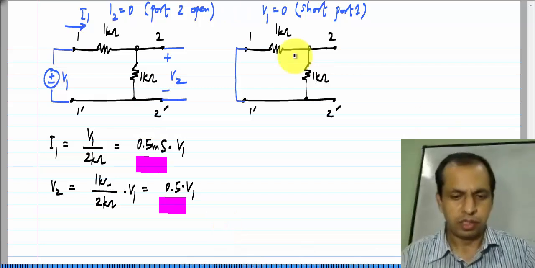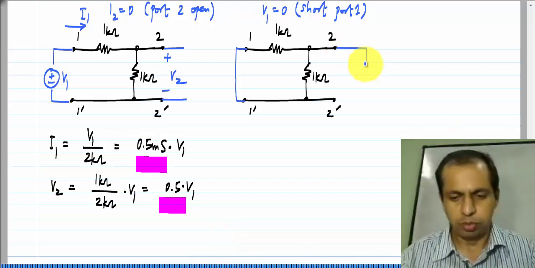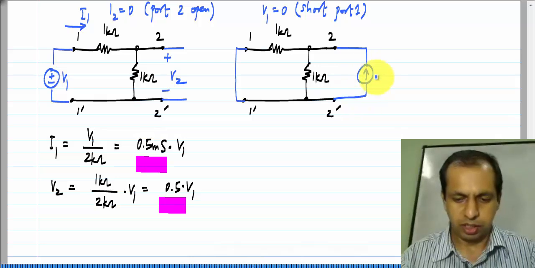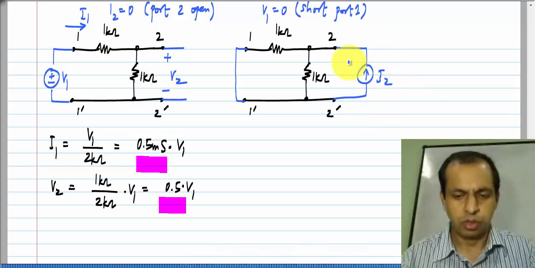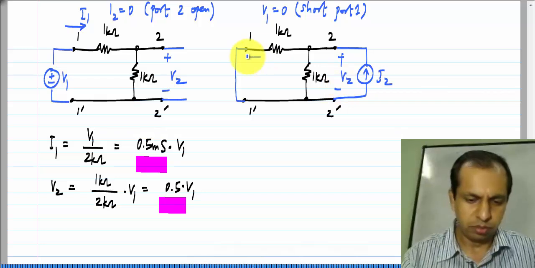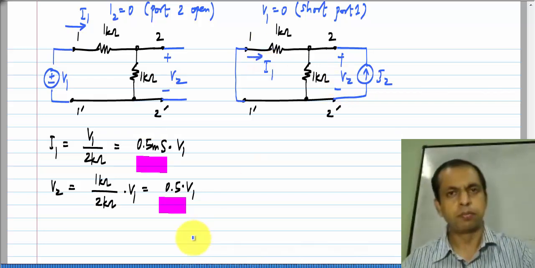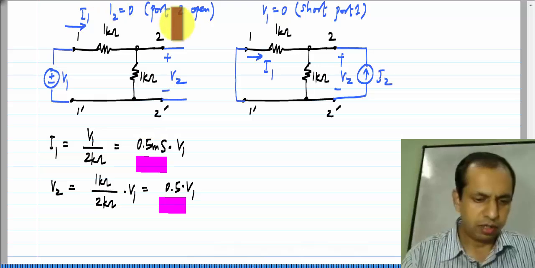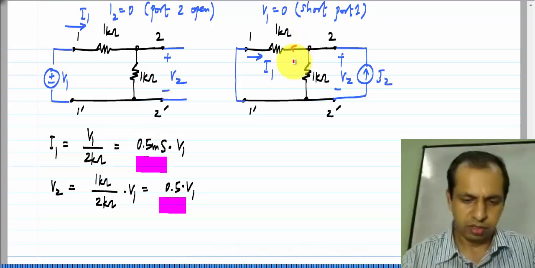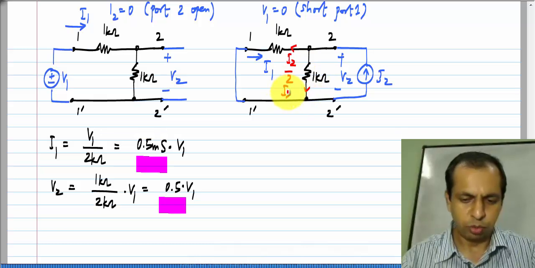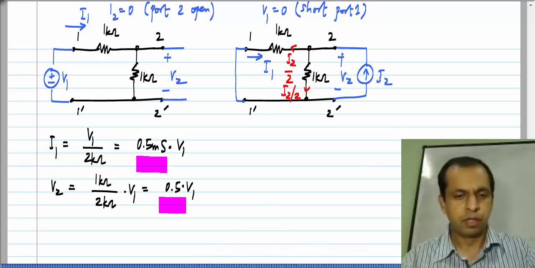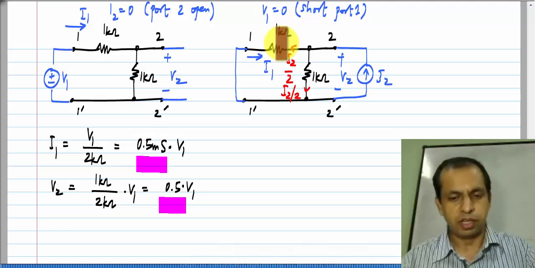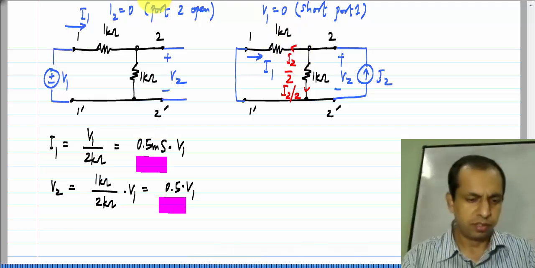Okay. And similarly, for the other two parameters, I apply a current I2 to port 2 and measure V2 and I1. Now, this current I2 divides into two equal parts because the two resistors are equal, and we will have a current I2 by 2 that way and I2 by 2 through this resistor. This I1 is the same as the current through this resistor, but in the opposite direction.